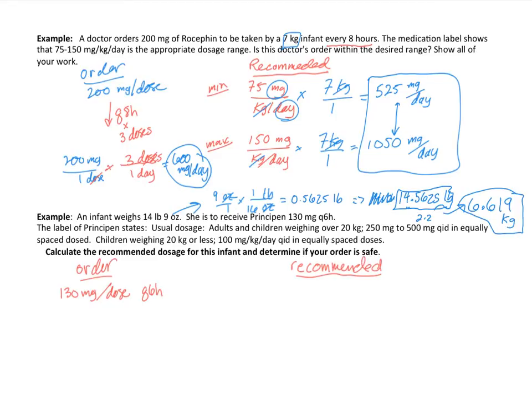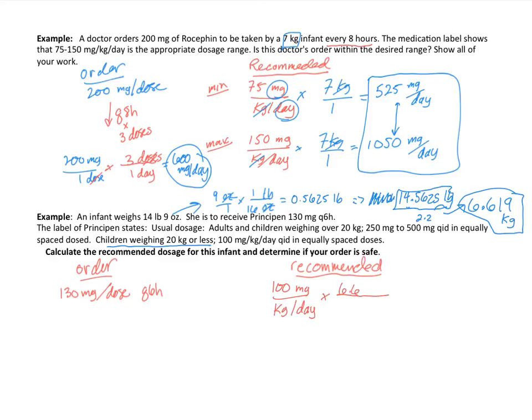Now that we have that, we can choose here that we need to follow this recommended amount, weighing less than 20 kilograms. The patient needs to receive 100 milligrams for every kilogram per day. So what I'm going to do is multiply by the patient's weight.